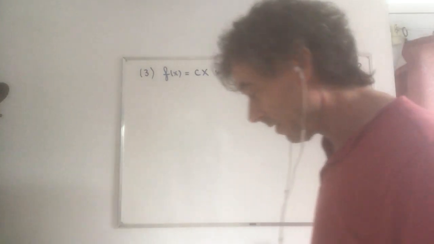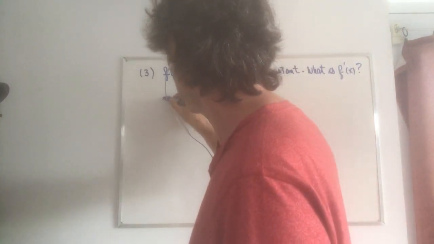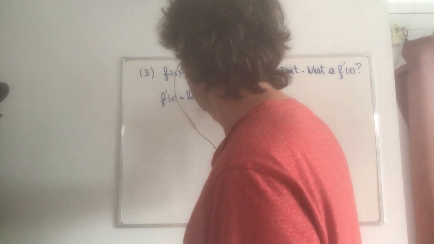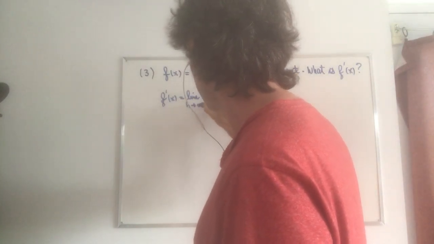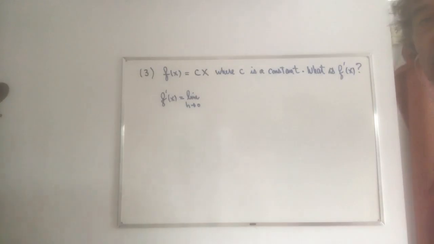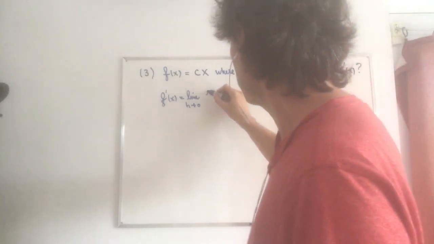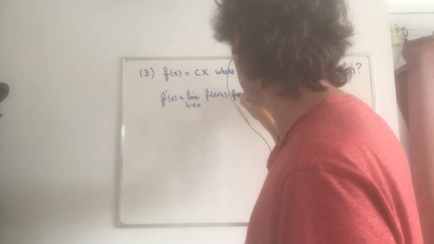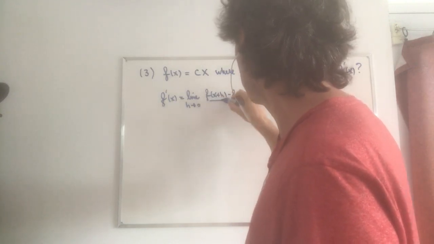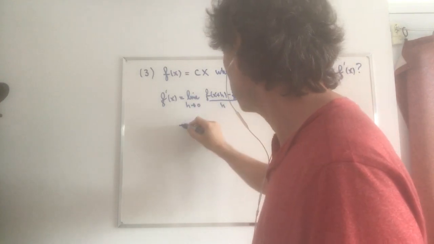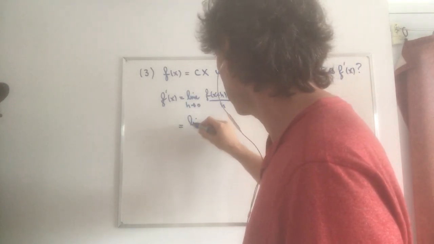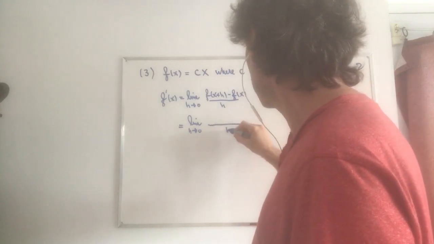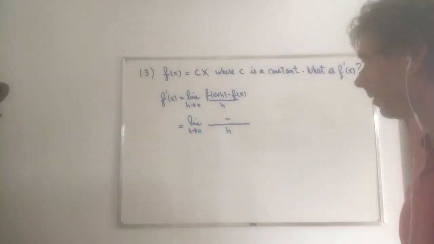So the only way we can figure this out is through the limit definition. f prime of x is the limit as h goes to 0. I'm sure you can complete that sentence. Yes, f of x plus h minus f of x over h. Good. So limit h goes to 0 of, all right, here we go again.